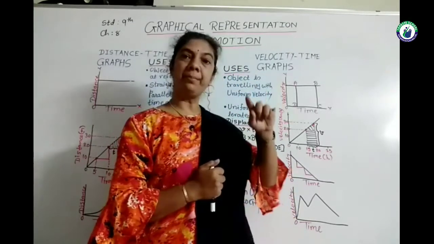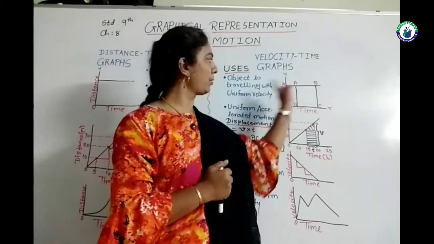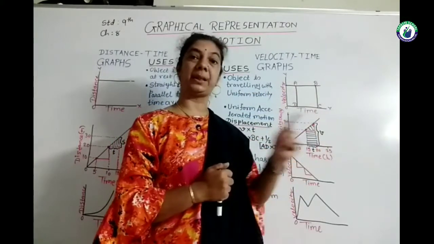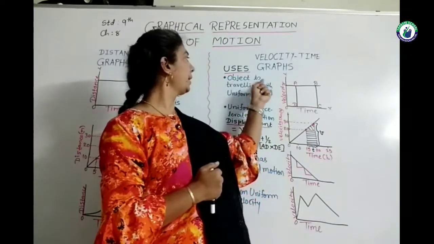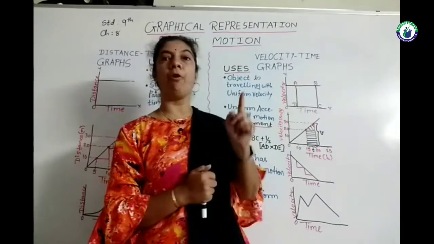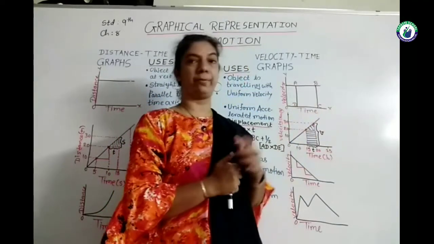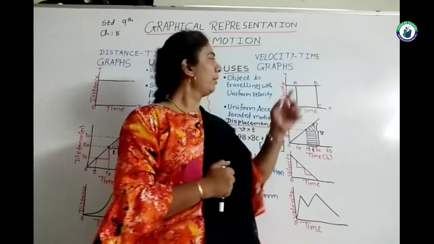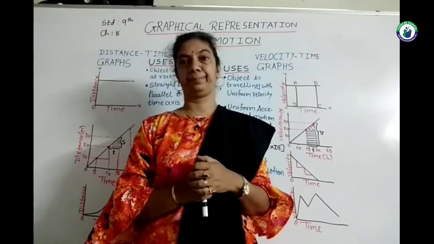So same kind of shape. In words we write a straight line parallel to the time axis, but the interpretation over here is that the object is travelling with uniform velocity. Because in this time interval, the velocity of the object remains uniform.